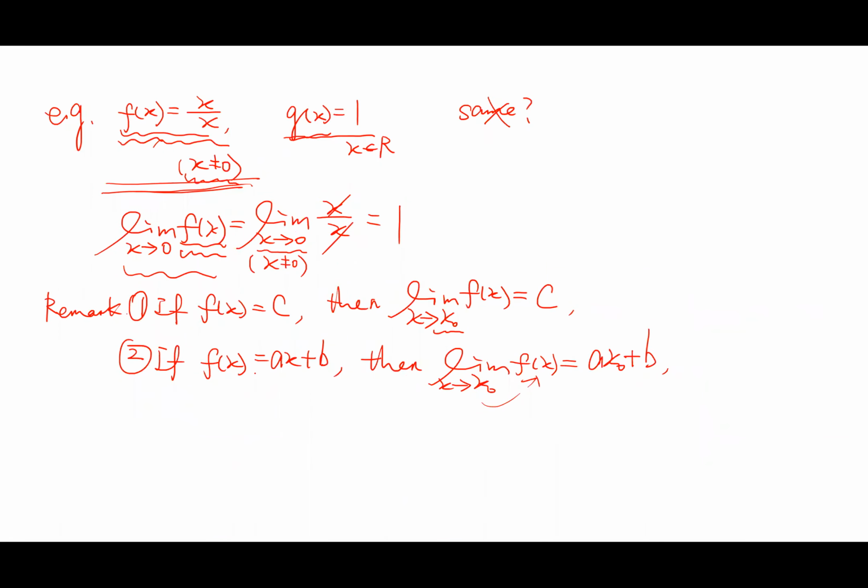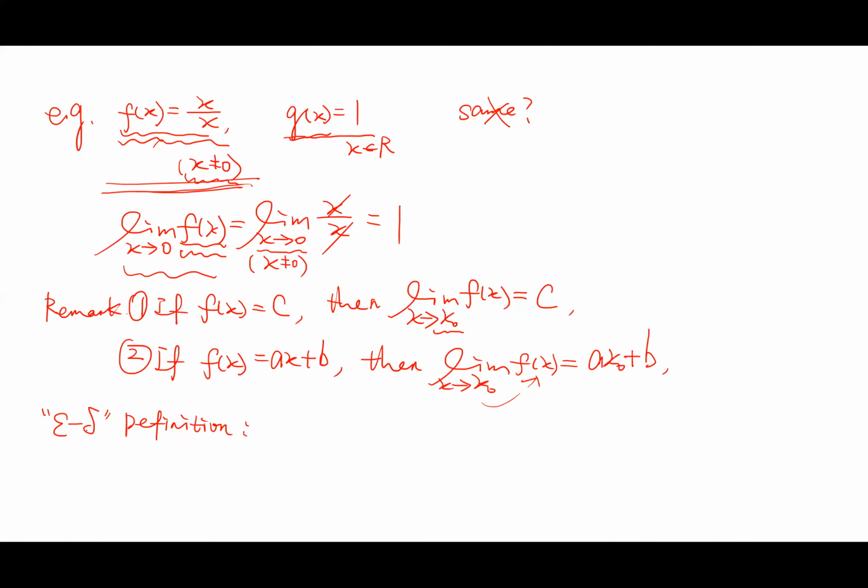And why do we have these two facts? We use the precise definition of the limit of a function. That definition is a little bit abstract, and its name is the epsilon delta definition. Yeah, so you just need to know this definition.